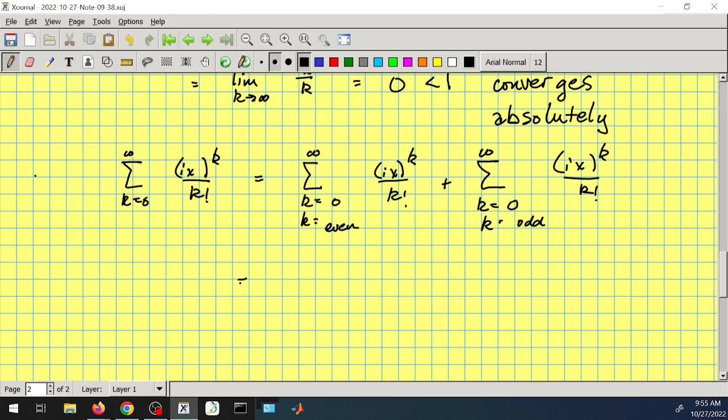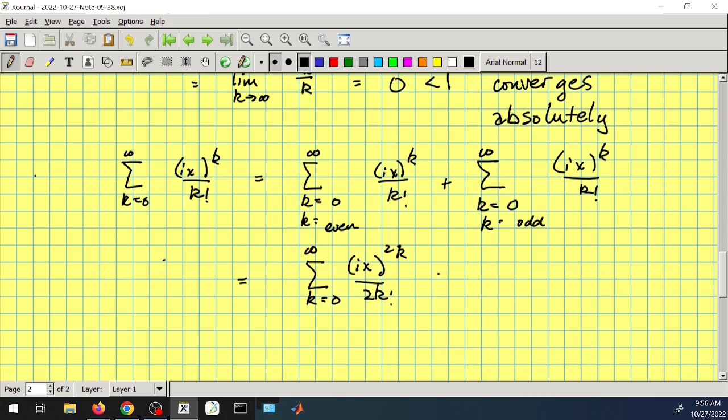Now, if k is even, isn't i to the k 1 or negative 1? Right. And if k is odd, i to the k is i or minus i. And I can describe all the even numbers by using the integers from 0 to infinity, and using ix to the 2k over 2k factorial.